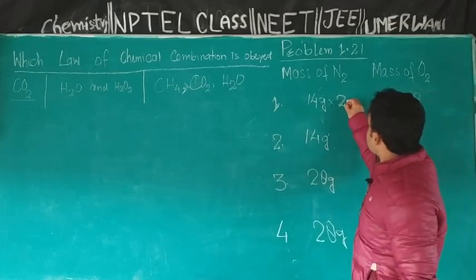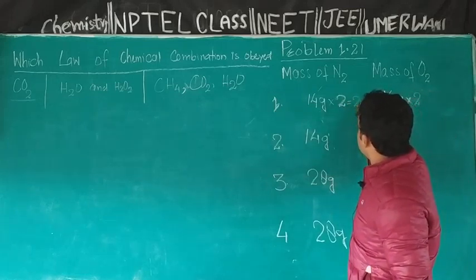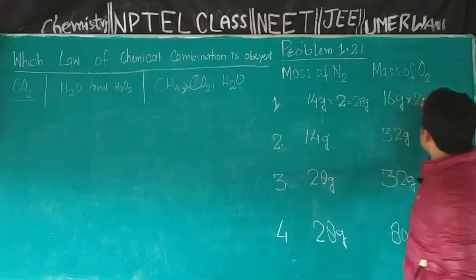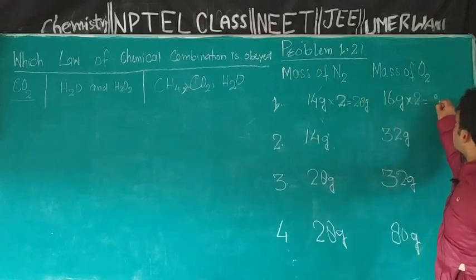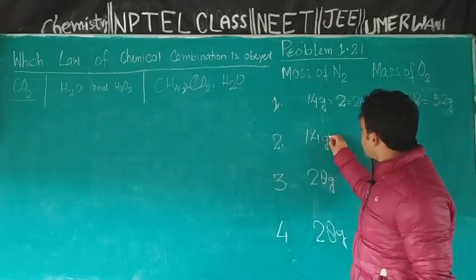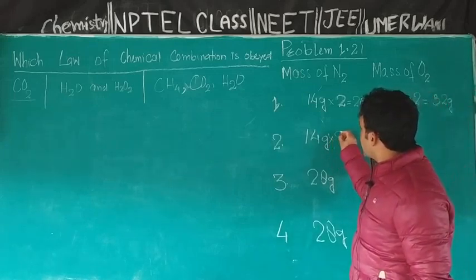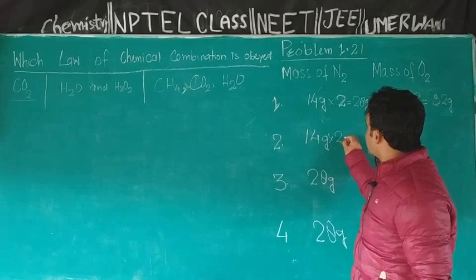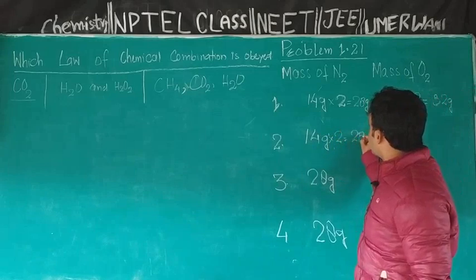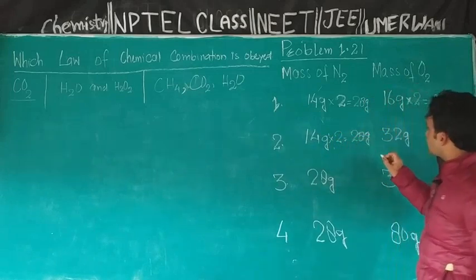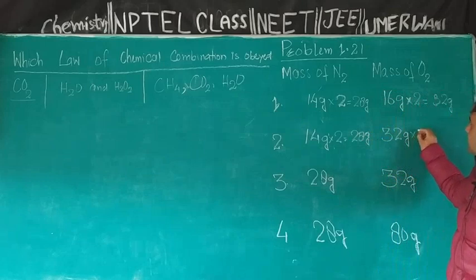Therefore the reacted mass of nitrogen will become 28 grams, and here the reacted mass of oxygen will come 32 grams. Similarly, in compound second, I will multiply the reacted mass of nitrogen by 2, it will come equal to 28 grams. For maintaining stoichiometric amounts, I need to multiply the reacted mass of oxygen as well by 2, it will come equal to 64 grams.